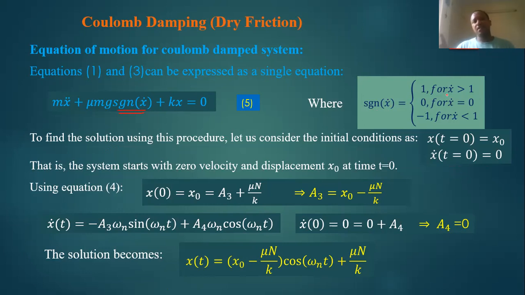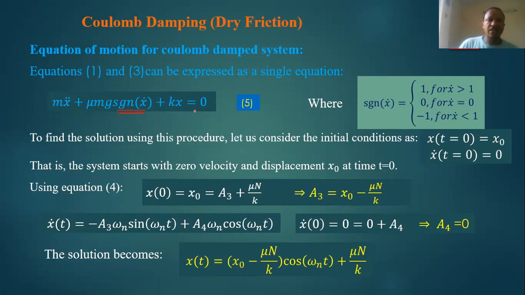That means when the velocity is positive, the signum of x dot equals 1. It is 0 for x dot equal to 0, and minus 1 for x dot less than 0. For any negative velocity, it is minus 1. So this is the signum function.